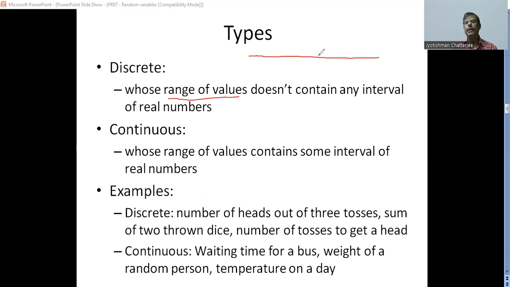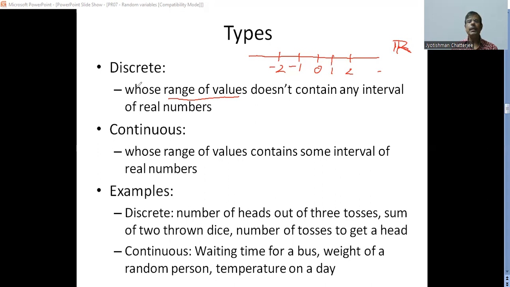Here is the real number line, 0, 1, 2, -1, -2, etc. This is the set of real numbers. We typically use the letter R like this to denote the set of real numbers.